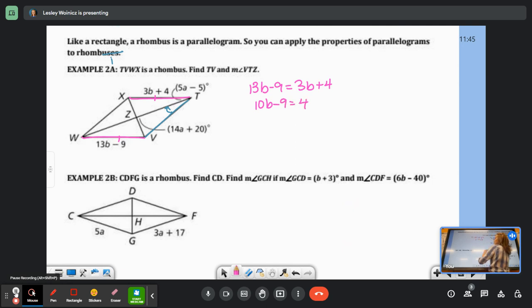Add 9 to both sides. 10b is 13, right? Okay. Divide both sides by 10, and I get b is 13 over 10.